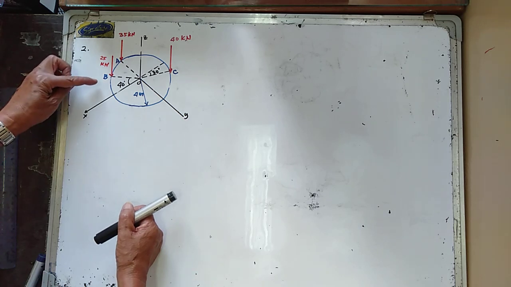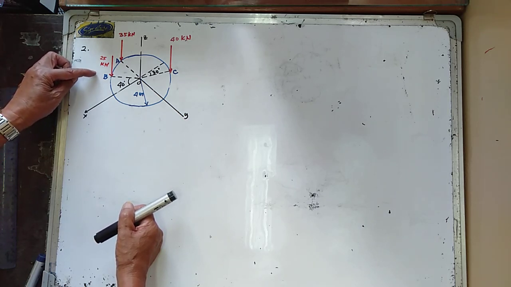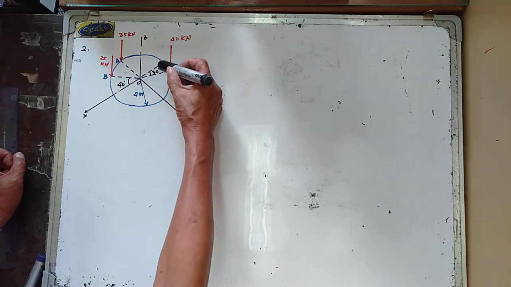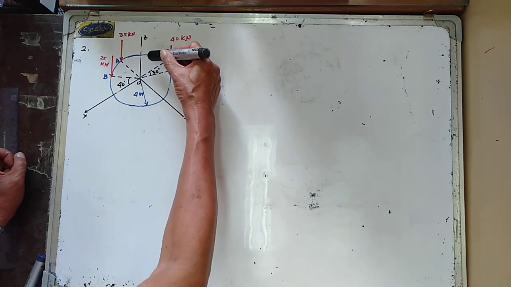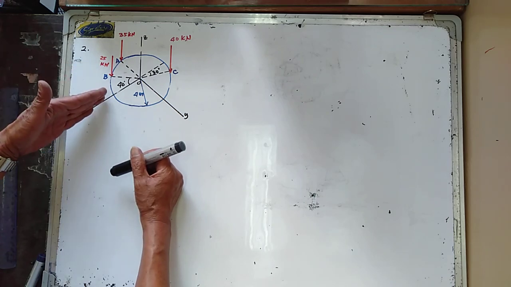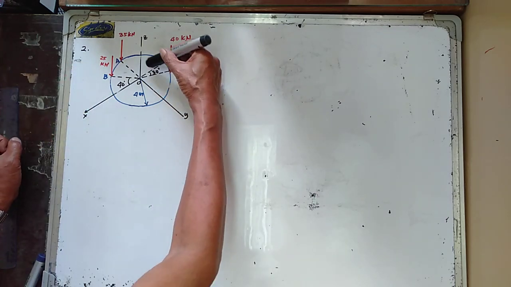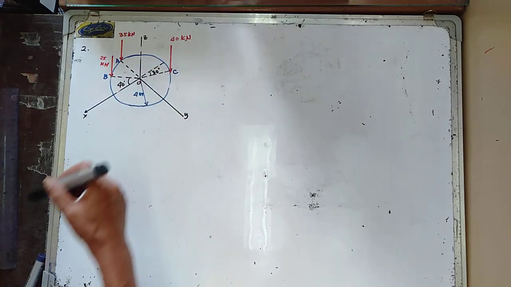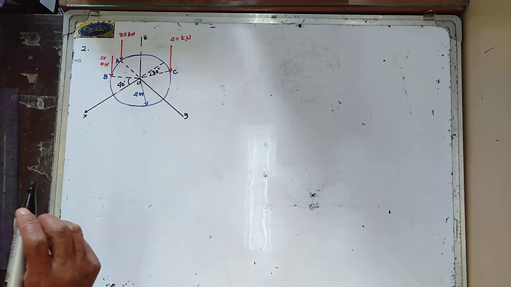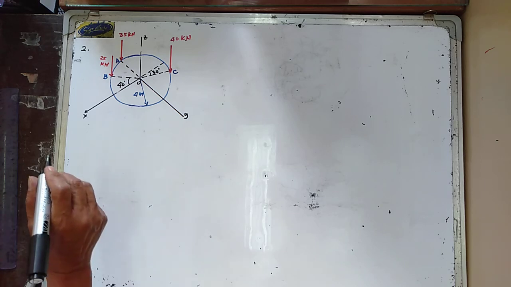Okay, so this point in here, we have 40 degrees with the horizontal, and this is 30 degrees with the x-axis. So your point B is 40 degrees with the x-axis, and point C is 30 degrees with the x-axis. So first, let us try to determine the resultant of the three forces.